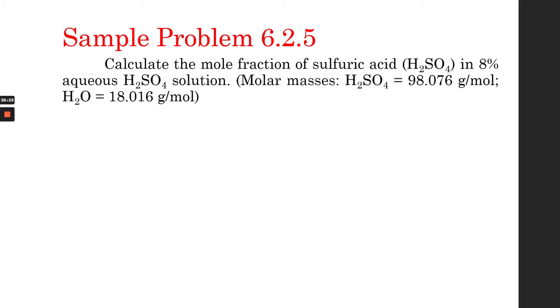So sample problem 6.2.5. Calculate the mole fraction. We are calculating the mole fraction of sulfuric acid, H2SO4, in an 8% aqueous H2SO4 solution. The molar mass of sulfuric acid is given in grams per mole. How do we get that?